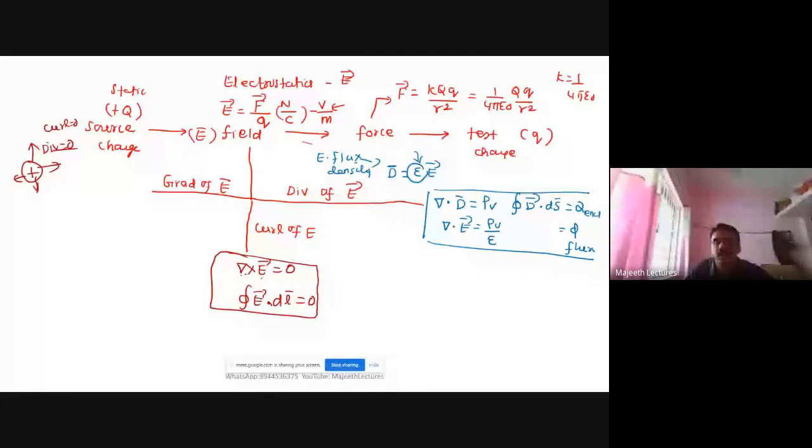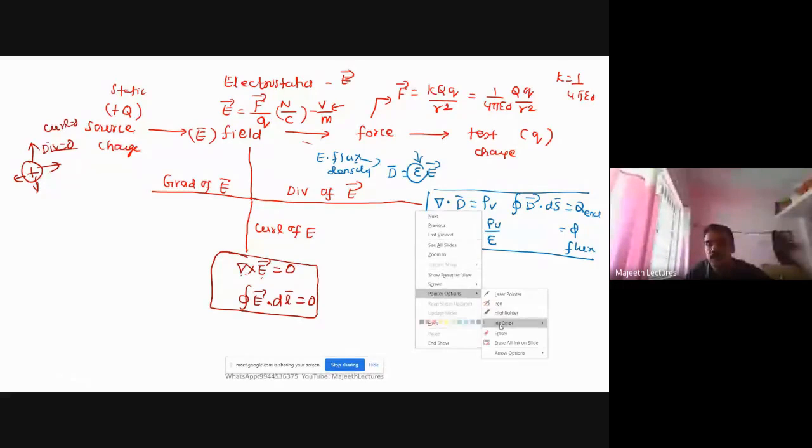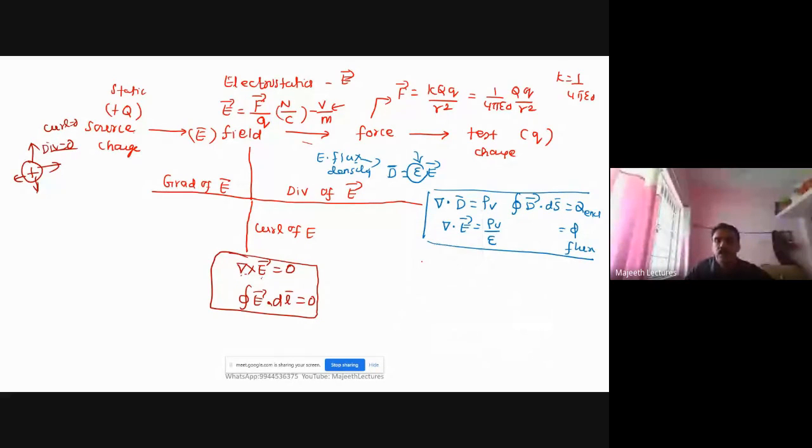Next, electric field due to some charge configurations we must know. What are those configurations? Let us see. Electric field due to point charge is given by E is equal to KQ by R squared, AR. Because electric field is a vector, we put AR.